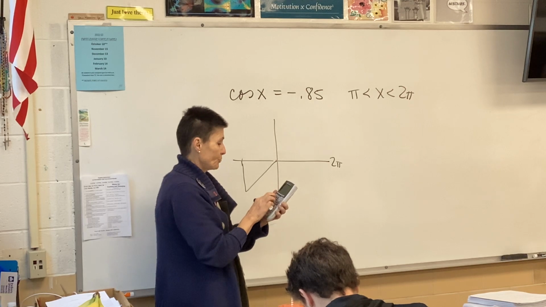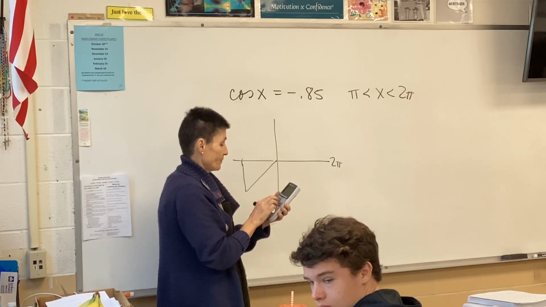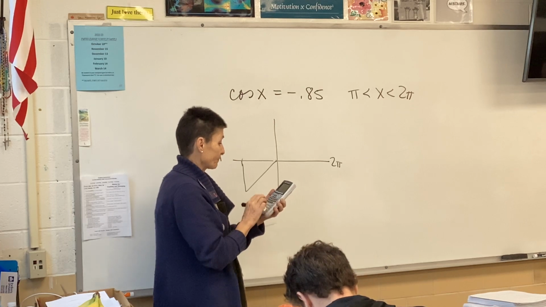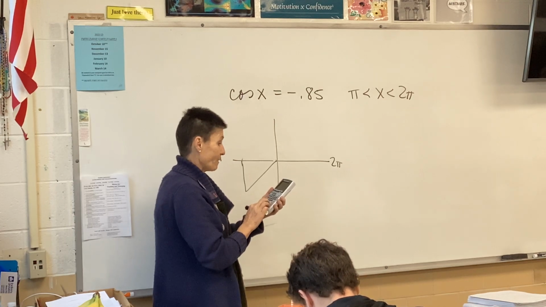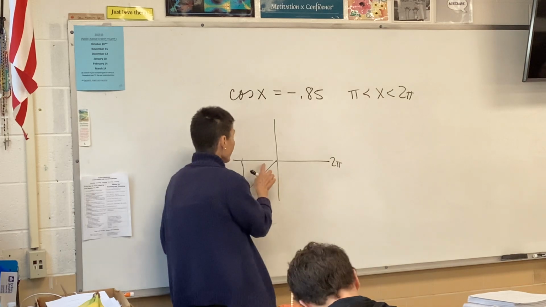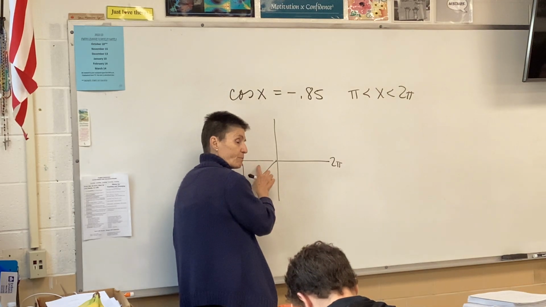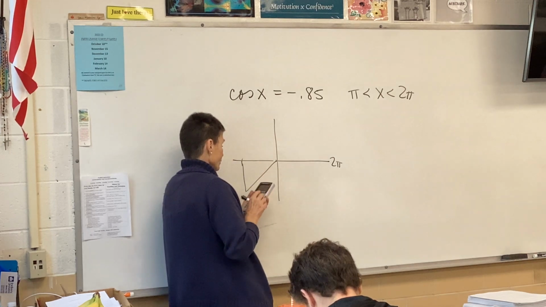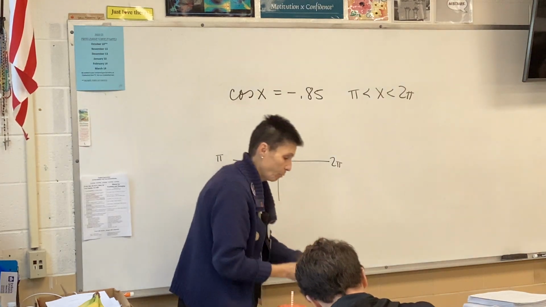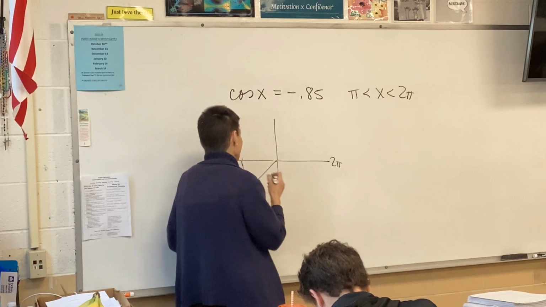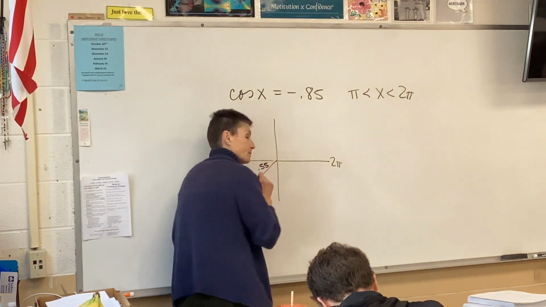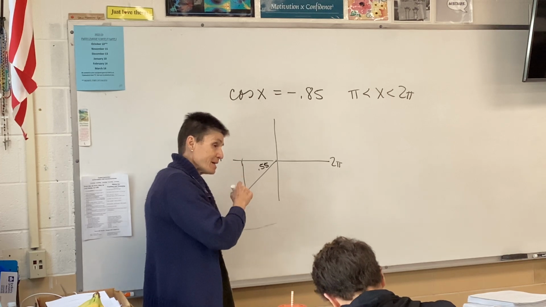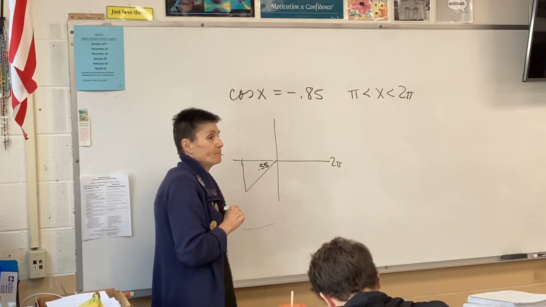I'm going to do secant inverse of 0.85. I'm not going to put the negative in, because all I want to know is the size of that reference angle right there. I get, I'll just round it off, 0.55. So that angle is 0.55.